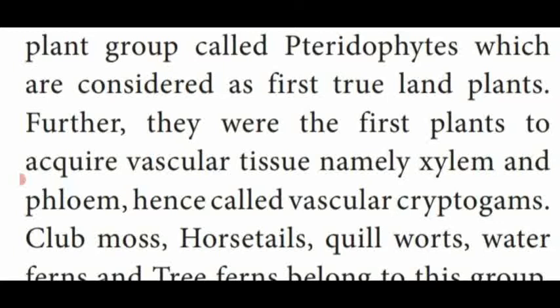Two more questions. Why are pteridophytic plants known as vascular cryptogams? Pteridophytic plants possess conductive tissue or vascular tissue such as xylem and phloem. They are named as vascular cryptogams.